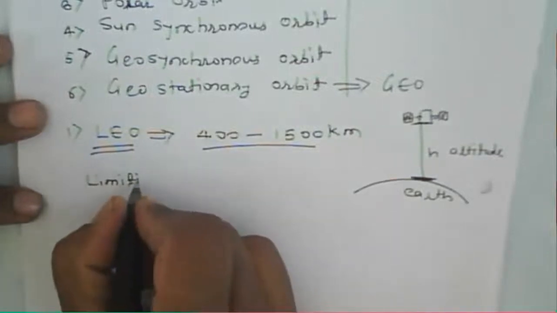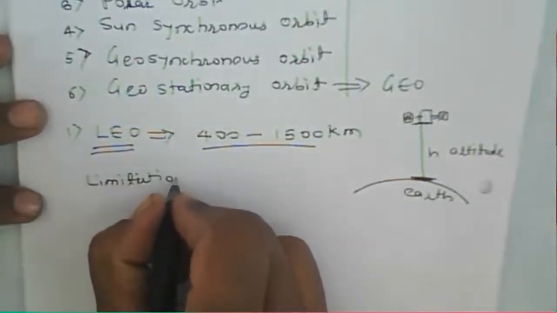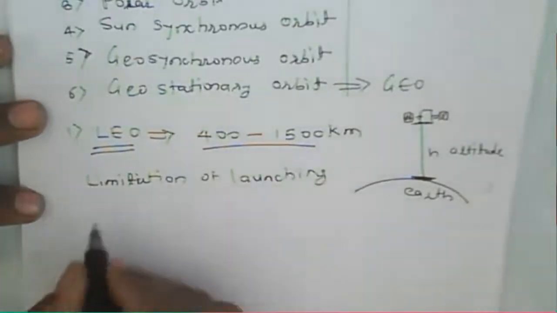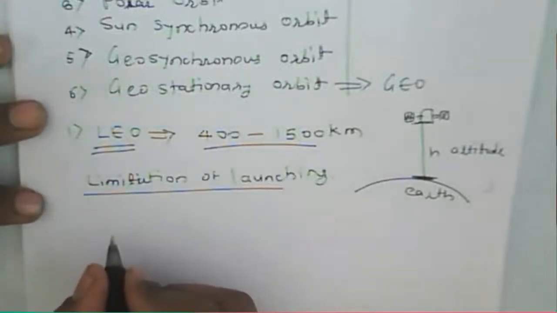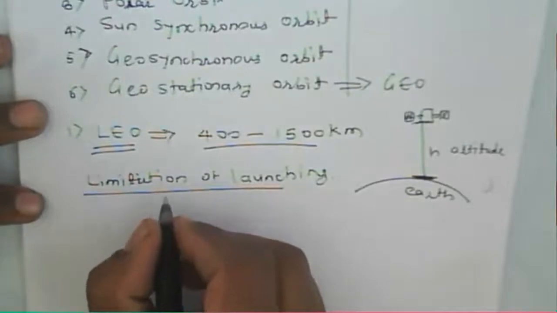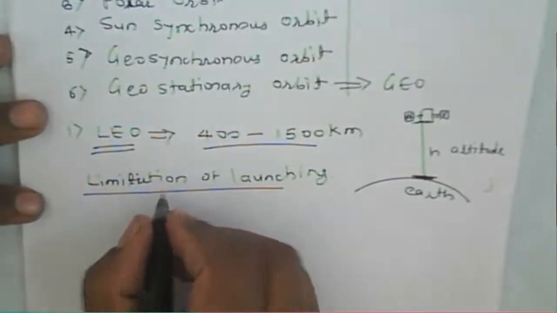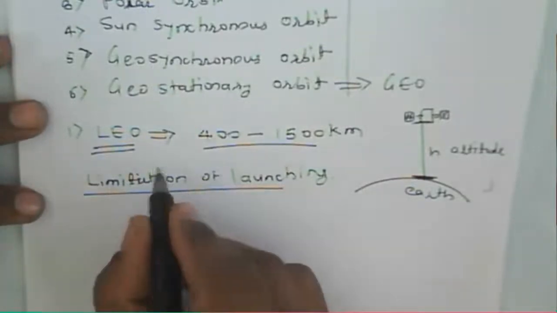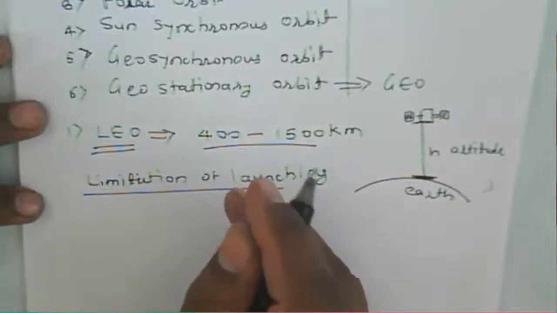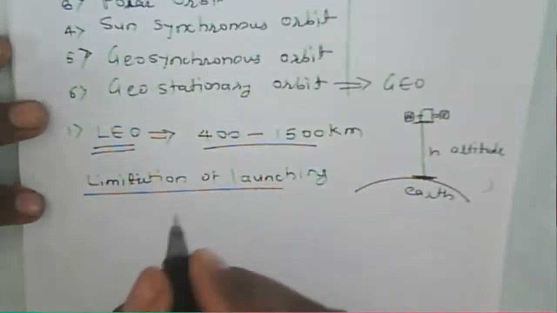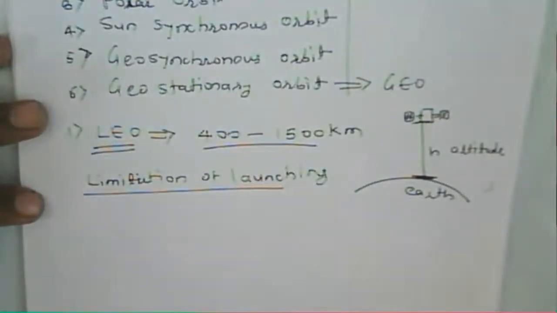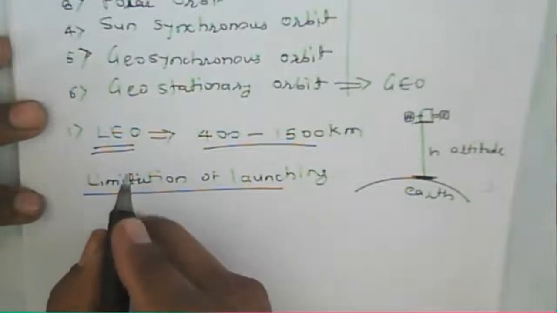So there were limitations of launching. That's why the people used the LEO orbit. But nowadays those limitations of launching are not there. Right now, in the present system, there are no limitations of launching a satellite in low Earth orbit, so a satellite can be placed in a low orbit at various places.